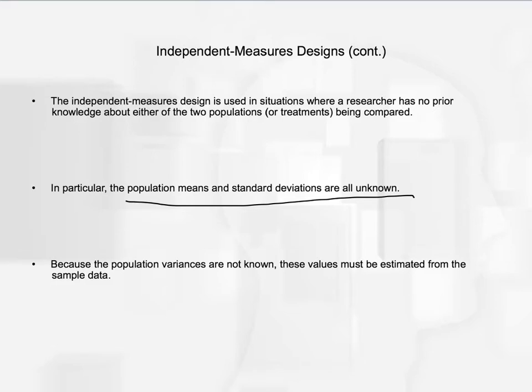Remember in the previous chapter you learned when we do know the population standard deviations, we can use Z, but that's never the case unless you're dealing with very, very small populations. Because the population variances are not known, we're estimating them from the sample data, which is why we use the t-statistic.